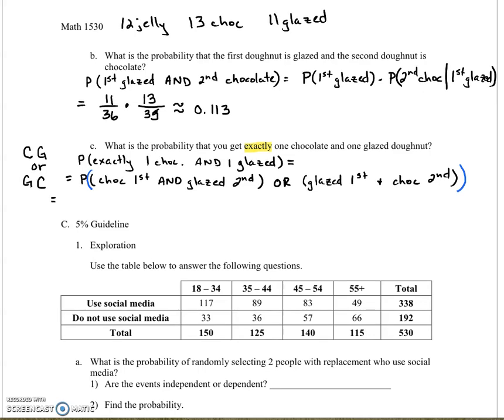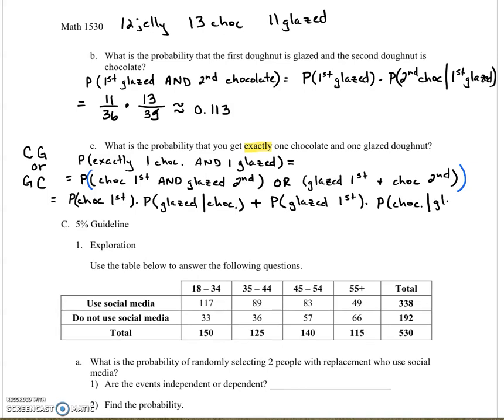The probability of chocolate and then glazed is the probability of chocolate first times the probability of glazed given chocolate, or, remember, or is plus, so plus the probability of glazed first times the probability of chocolate given glazed.